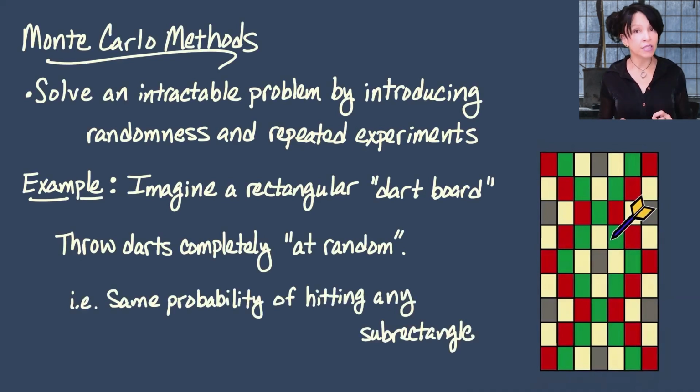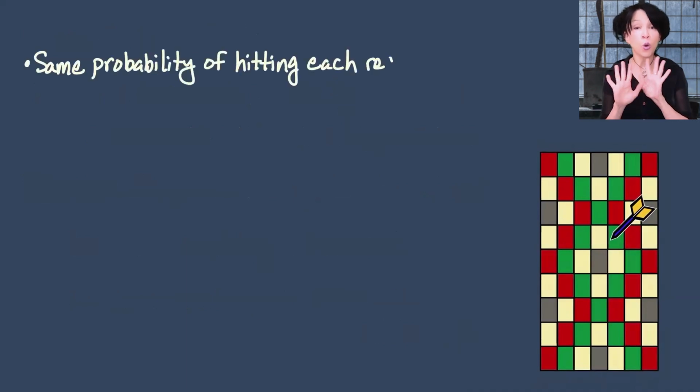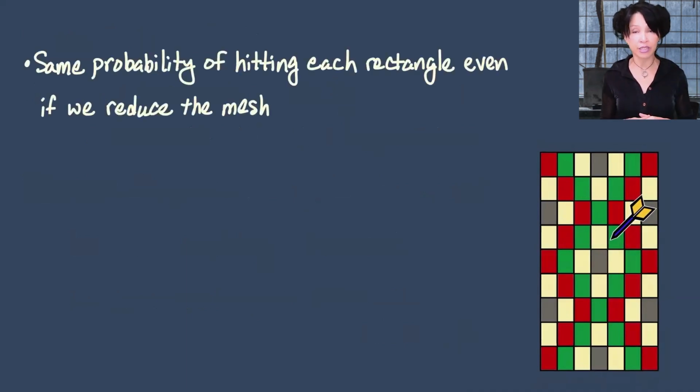Furthermore, this statement is still going to hold if I make the mesh of rectangles finer or coarser, or if I throw them out completely and just consider a funny shape in the rectangle with some area, and then a second, different shape with the same area in the rectangle. The probability that my dart hits one of those shapes is the same as the probability of hitting the other equal area shape, even though it's a completely different shape, if that makes sense.